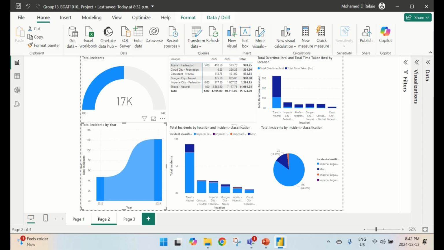We can see the difference between location and year, their incident hours, total incident hours.